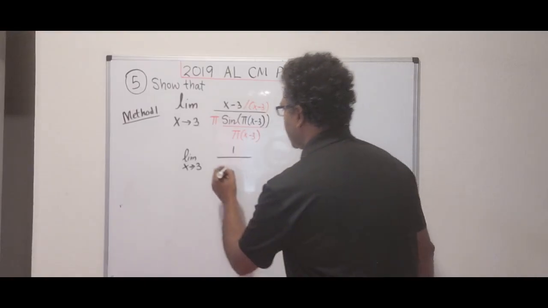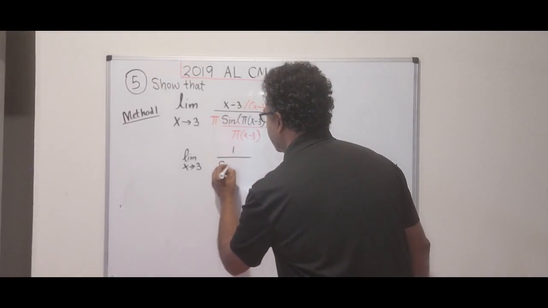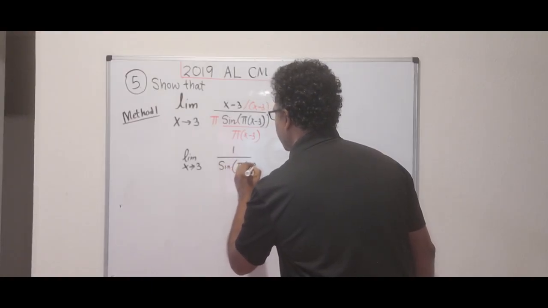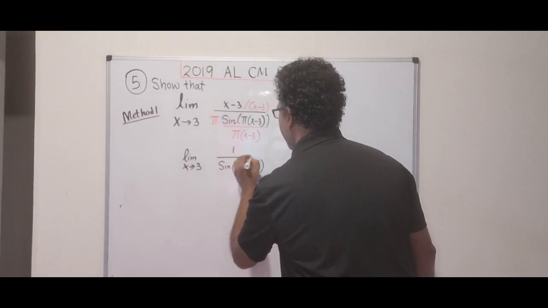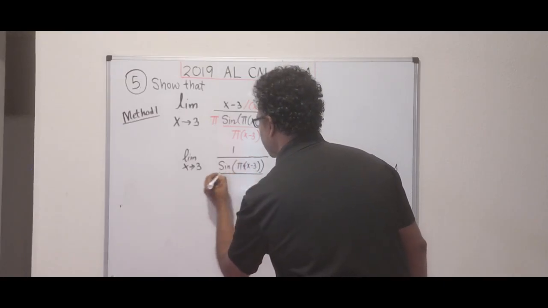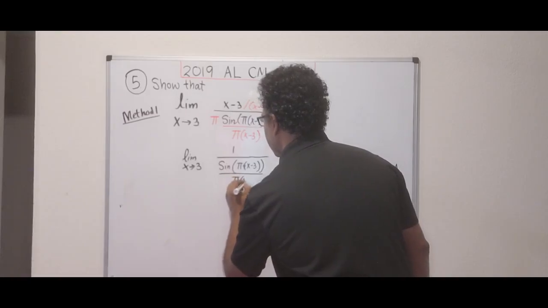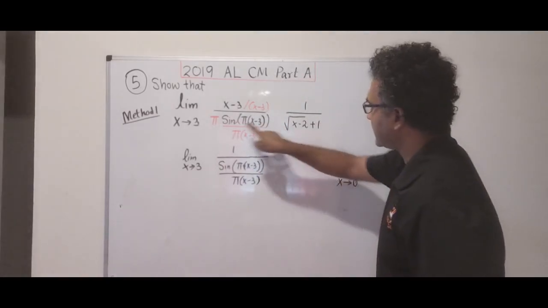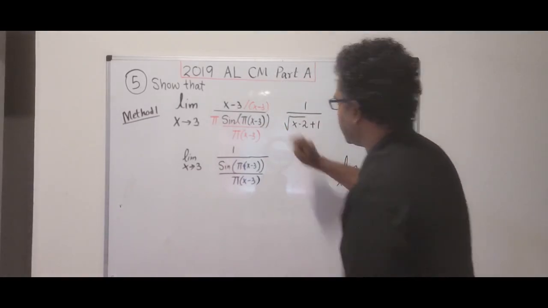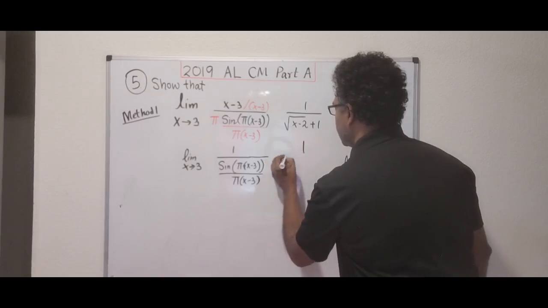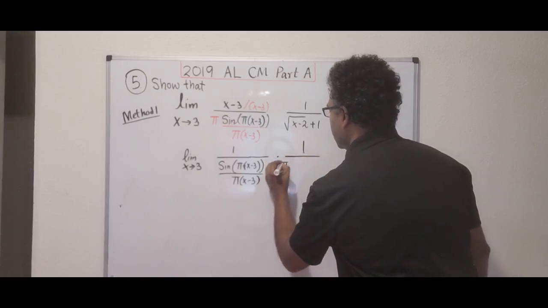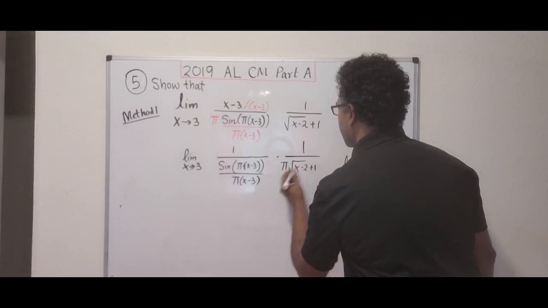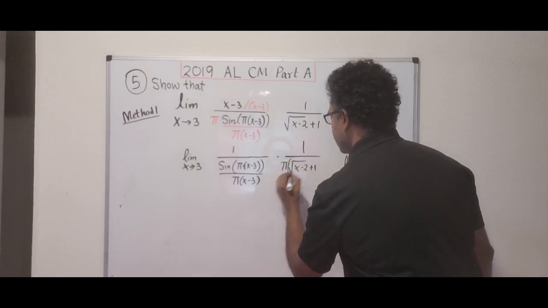In the denominator, I can have sine pi times x minus 3 divided by pi times x minus 3. And the pi here, I'm going to move over here. So then this expression is going to be pi times, in parentheses, square root of x minus 2 plus 1.